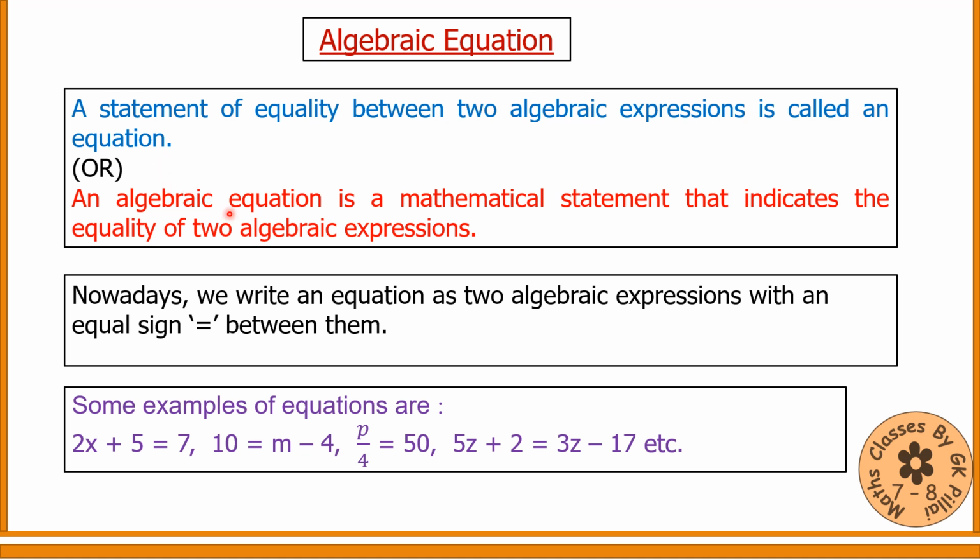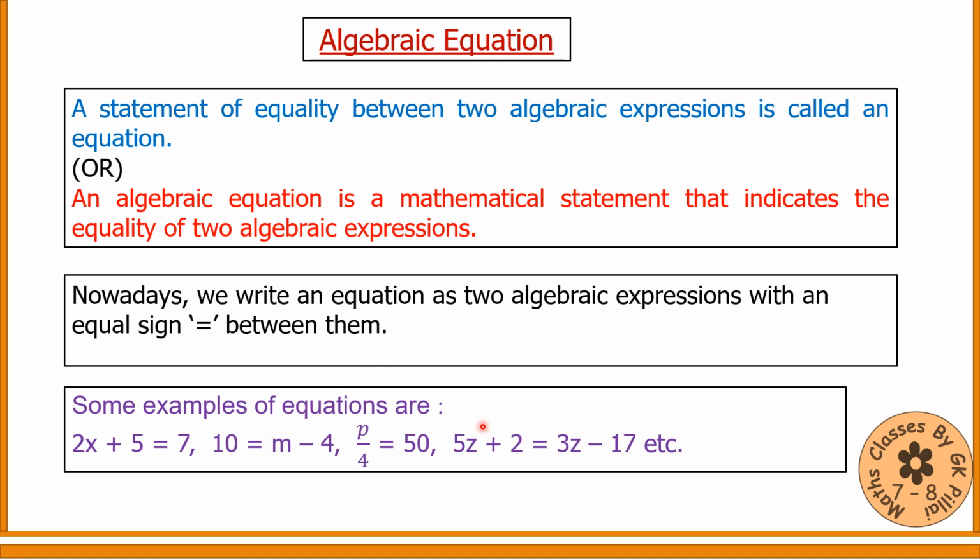There is an alternate definition also: an algebraic equation is a mathematical statement that indicates the equality of two algebraic expressions. So both will be okay. One of the two you can understand and learn. Nowadays we write an equation as two algebraic expressions with an equal sign between them.